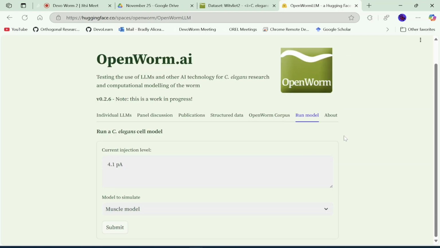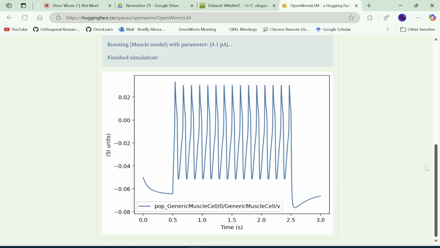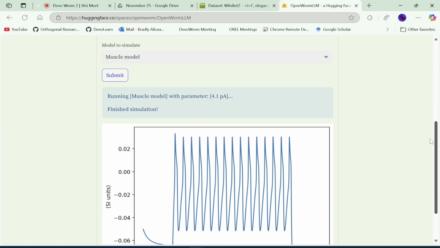You can run different models. You can run a cell model. So this is a muscle model, and that muscle model gives you an output. It actually gives you a graph. I can run a muscle model with parameter 4.1 pA, and it gives me this finished simulation.